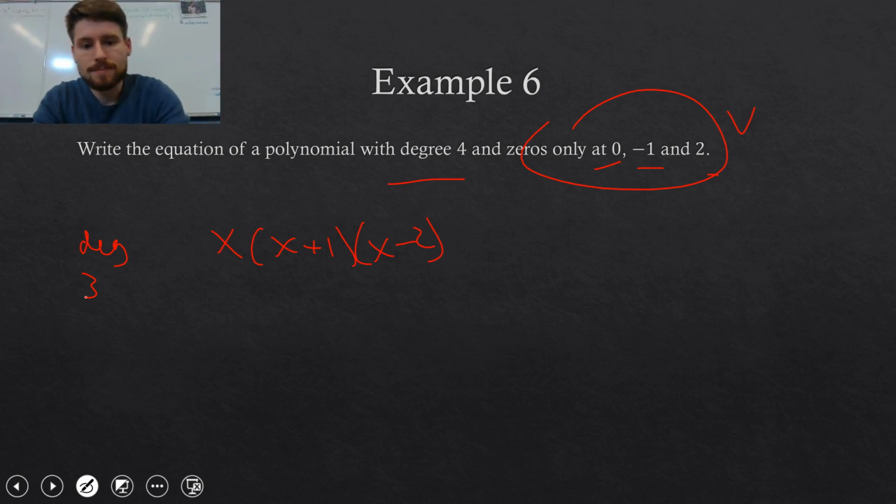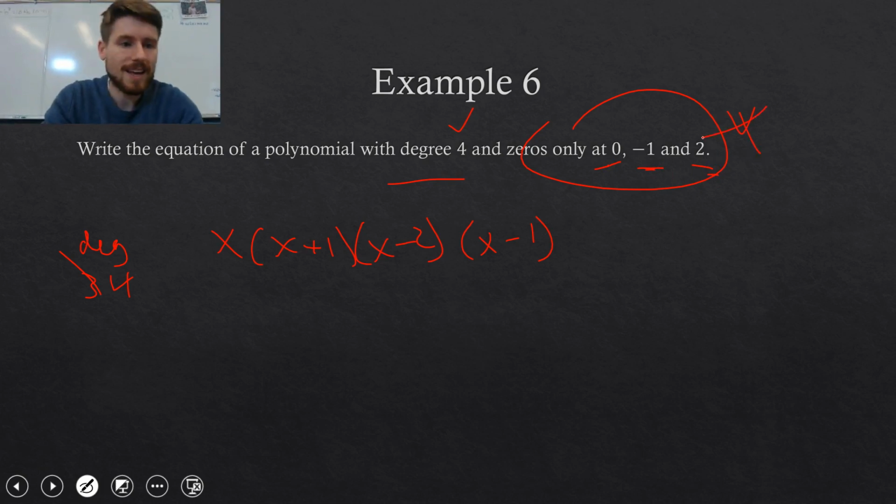Well, you might say, let's try multiplying by, I don't know, x minus 1, for example. If I tried to add another factor, then we'd see we're at degree 4. So now degree 4, check. But we wouldn't have zeros only at 0, negative 1, and 2.